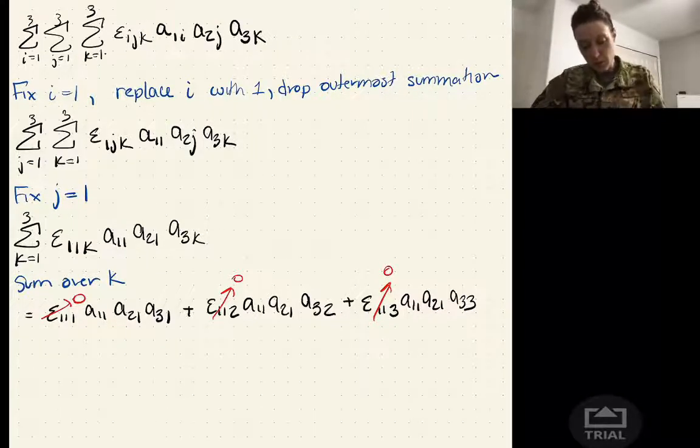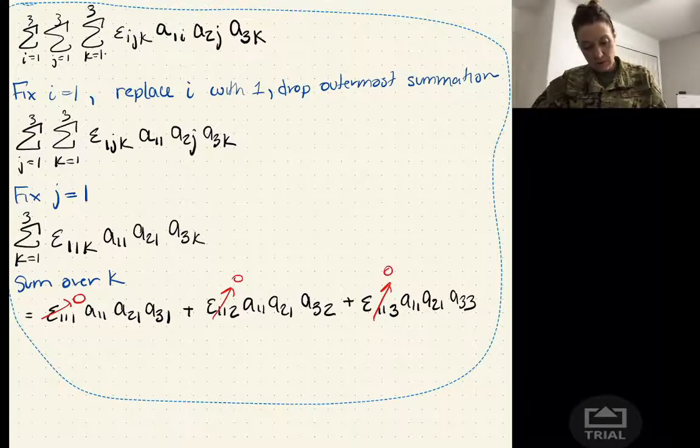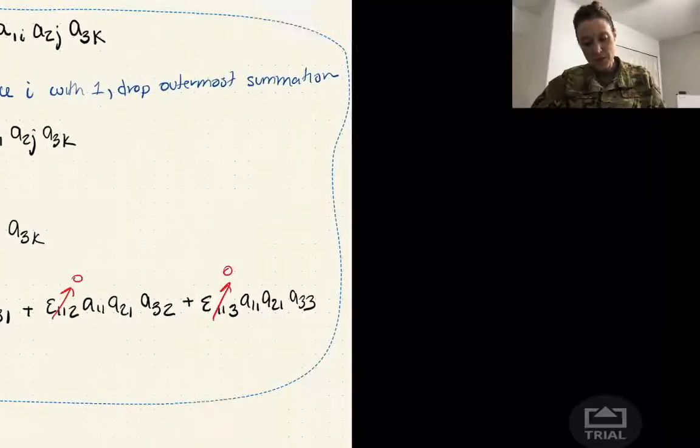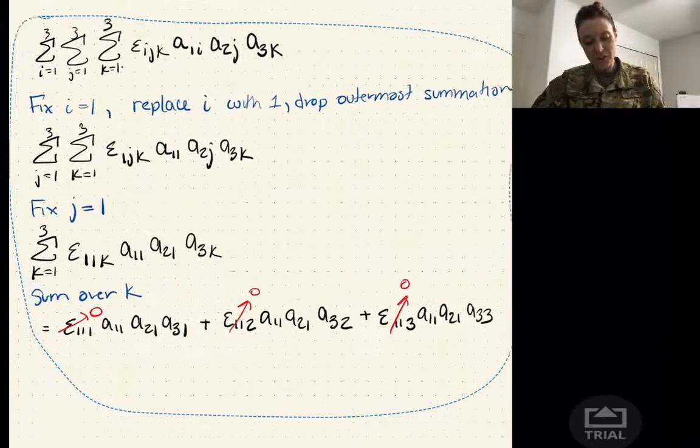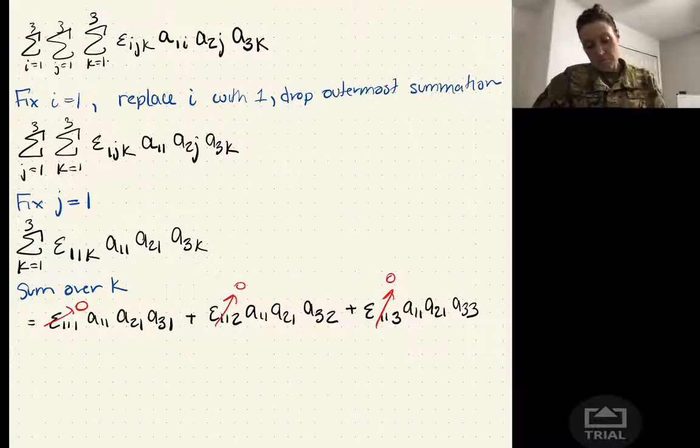Okay? So let's try this again. I'm just going to copy all of this over. Let's do this again, but let's do it so that we're fairly certain we won't get the same issue with epsilon. We can really easily change this.